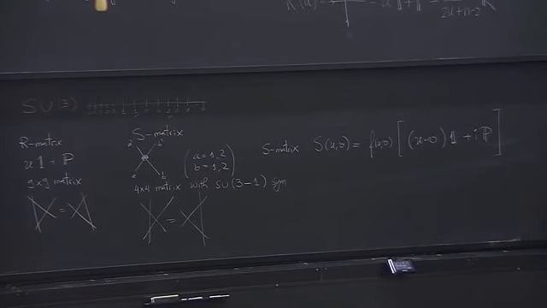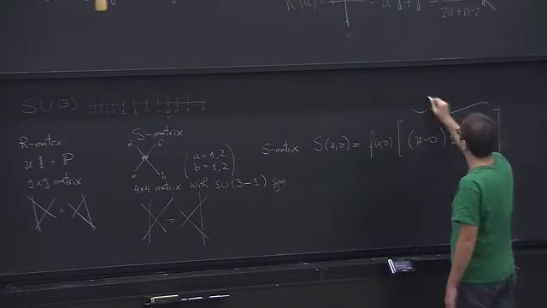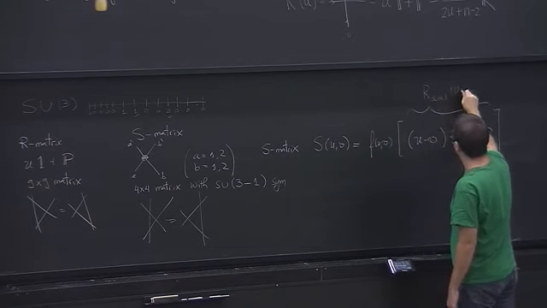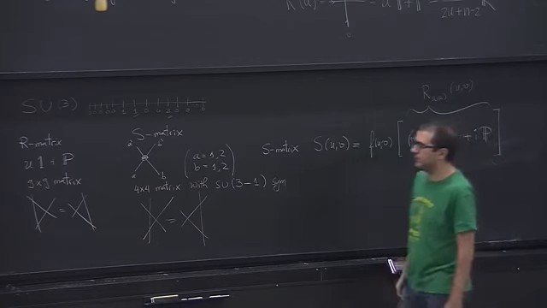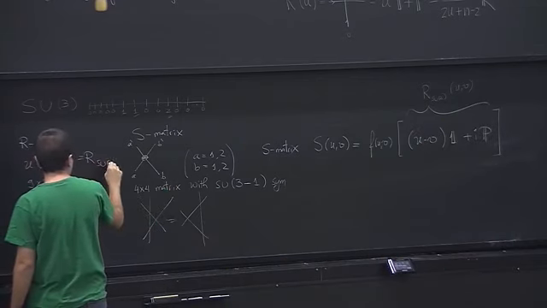I can put an I here if I want. Of course, this is nothing but the R matrix of SU2. Where this would be the R matrix of SU3.